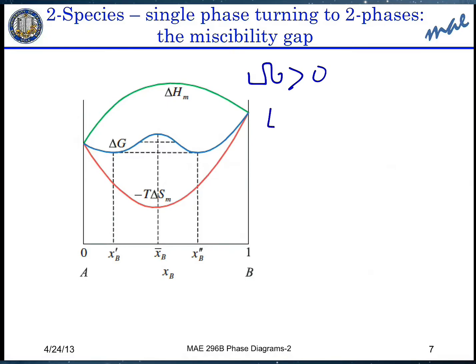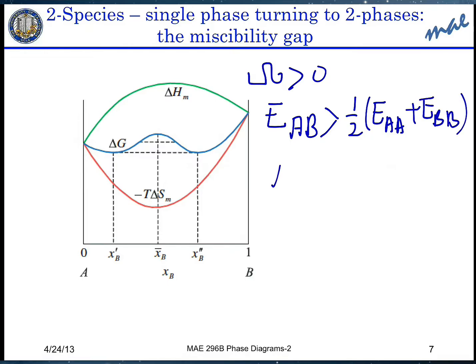This is a result of the fact that the AB bond is greater than 1/2 of the sum of the AA plus the BB bonds, and in this case delta H mixing is indeed greater than 0. So it goes up. So this is the delta H mixing becomes positive.